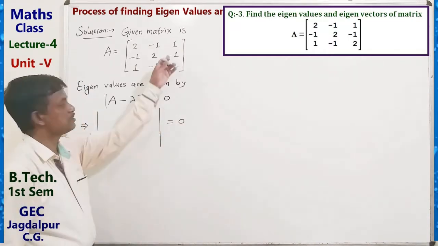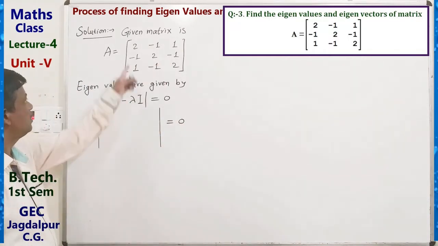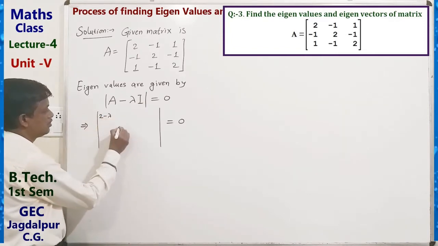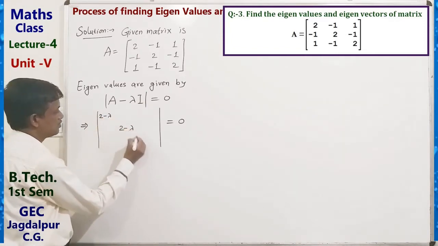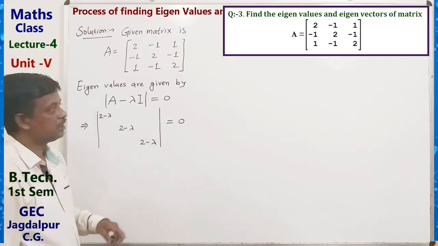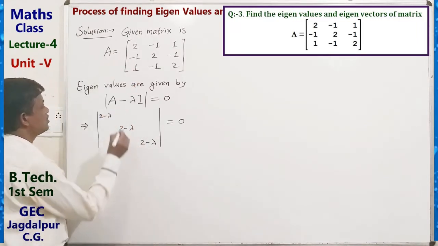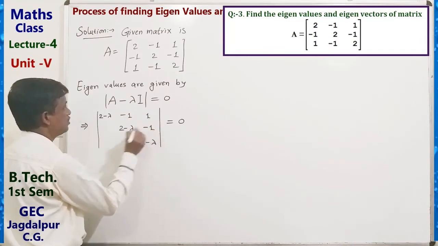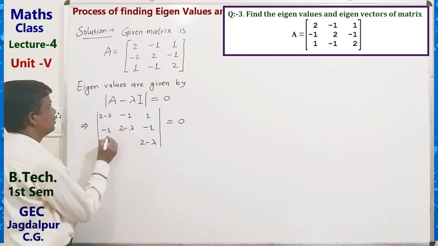This is the matrix minus lambda, so 2 minus lambda on the diagonal, diagonal elements subtracted by lambda, and the rest minus 1, 1, minus 1.